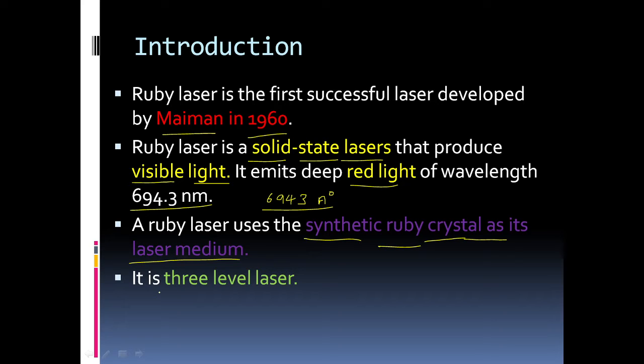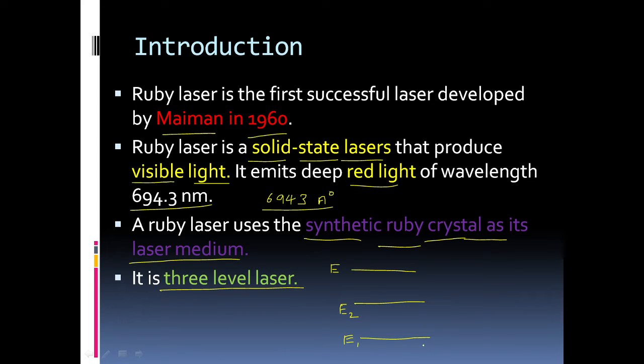laser medium, and Ruby Laser is a three level laser in which we have three levels: E1, E2 and E3.